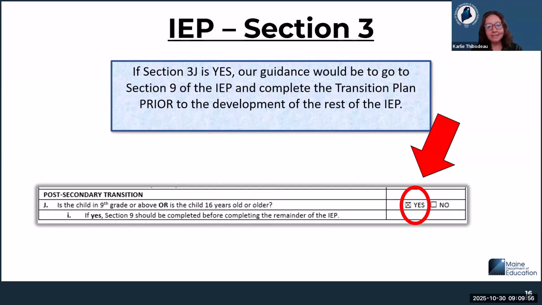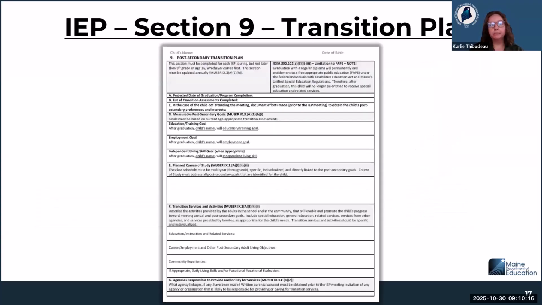And if you check yes, you should be going to the transition plan, because the transition plan really should be completed before the rest of the IEP, because the IEP is the document that is going to support that student in accomplishing what's on their transition plan. So keep that in mind also.